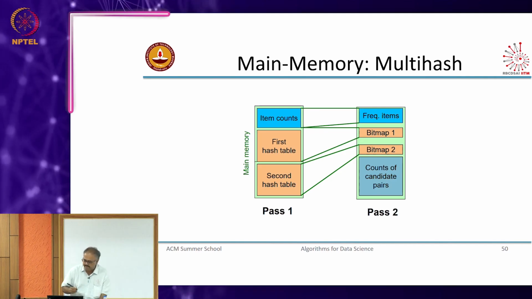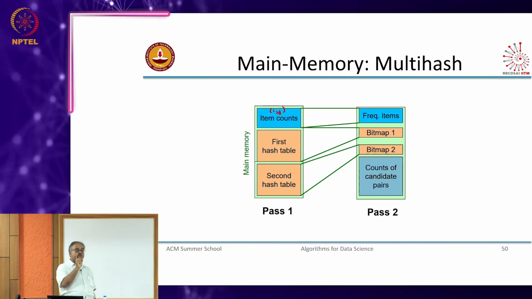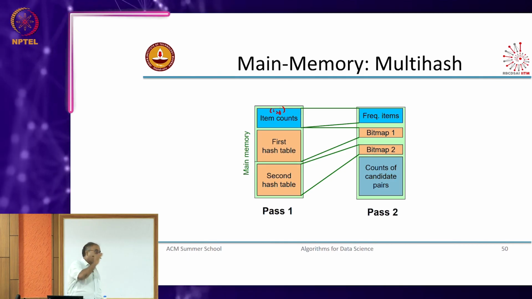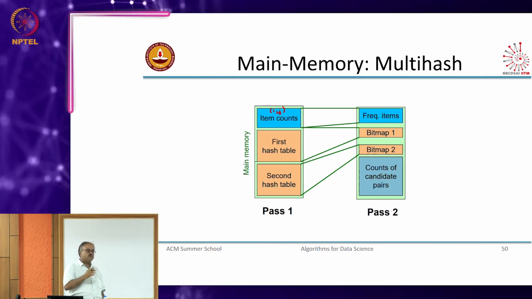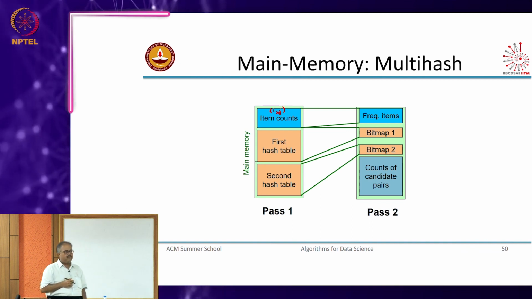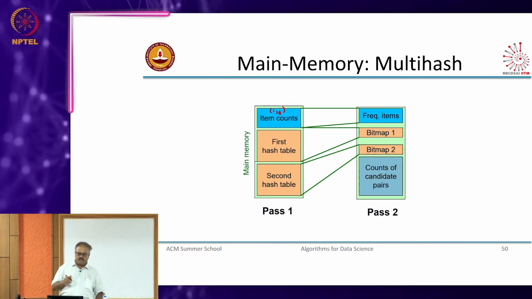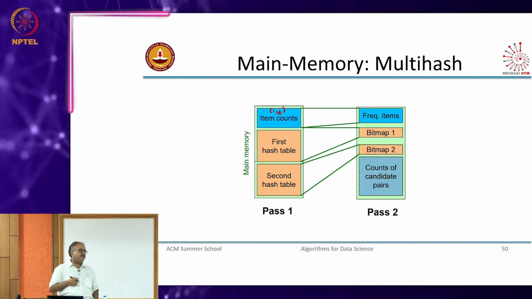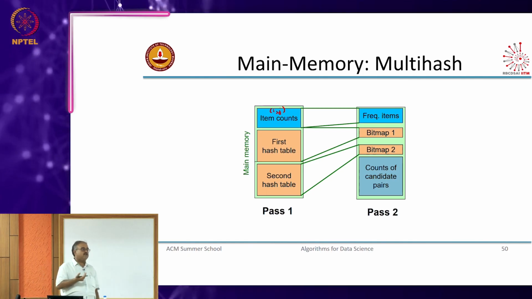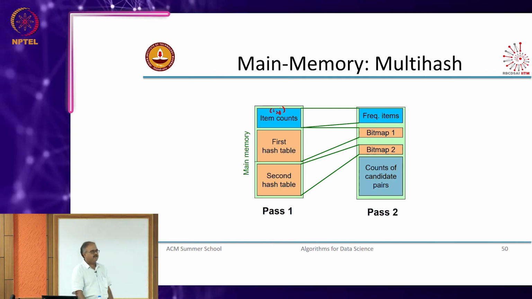So you take a pair ij, and if ij is truly frequent, every bucket ij hashes to will have to show up as frequent. So if in one hash it hashes to a frequent bucket, and in another hash it hashes to an infrequent bucket, that means that ij itself was not truly frequent. If ij is frequent, i has to be frequent, j has to be frequent.